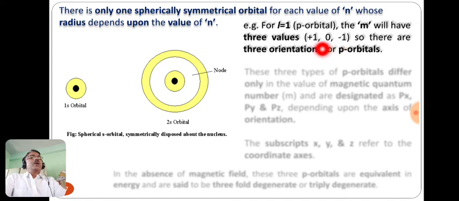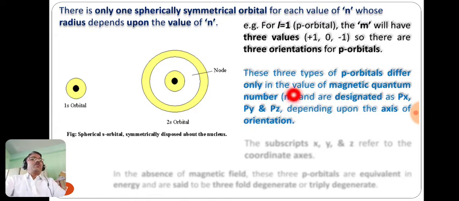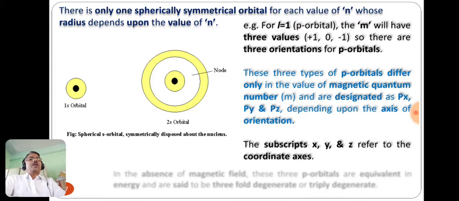So there are three orientations for p orbitals, and these three types of p orbitals differ only in the values of magnetic quantum number, and they are denoted as px, py and pz depending upon the axis of orientation. The subscripts x, y and z are known as the coordinate axes.